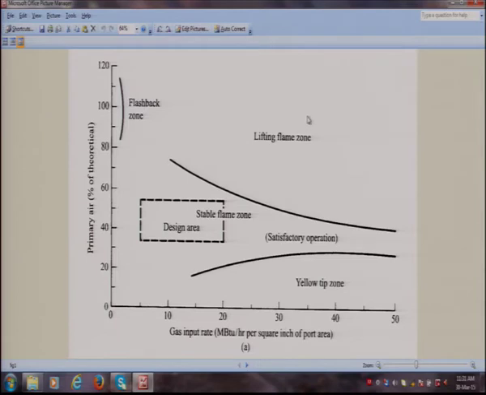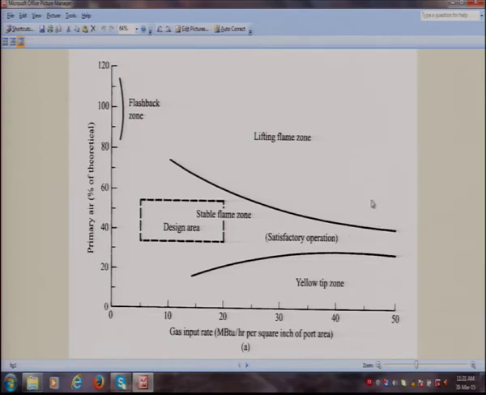Okay. But there are other problems also, that is, there is this line here, and if you get high gas input rate, then there will be a lifting zone also. All right. So, as you increase the gas input rate, you are increasing the flow velocity, and as you increase the flow velocity, this line dips down.